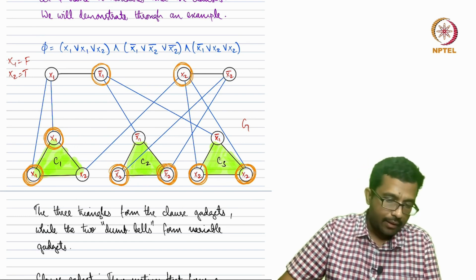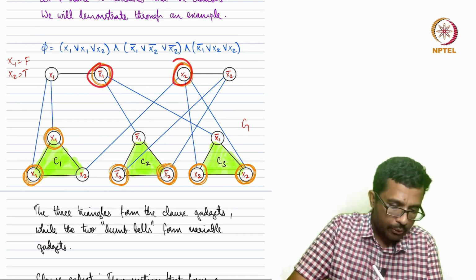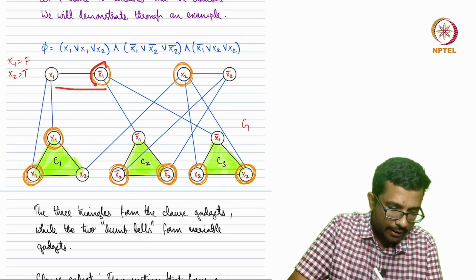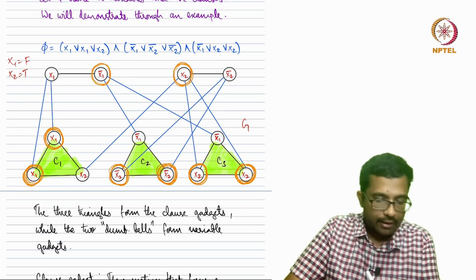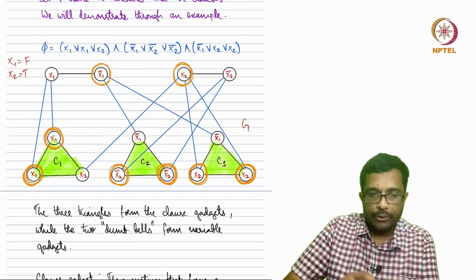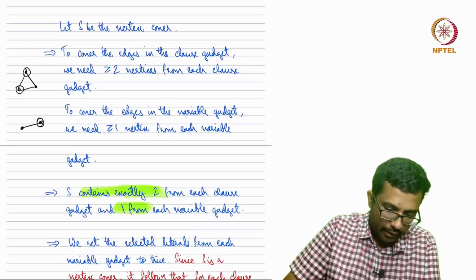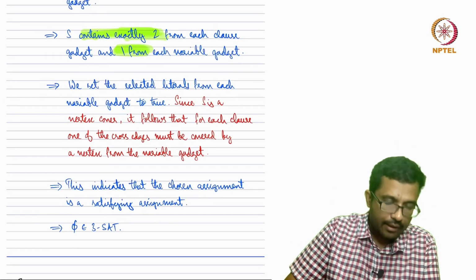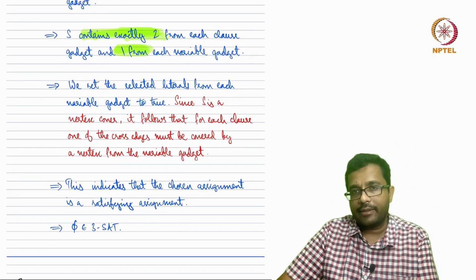Which means we set all these selected literals to be true. In the case of x1, suppose the vertex cover contains x1 complement, then we set x1 to be false. In the case of x2, suppose we select x2, then we set x2 to be true. So we look at each variable gadget and see which literal is selected for the vertex cover.